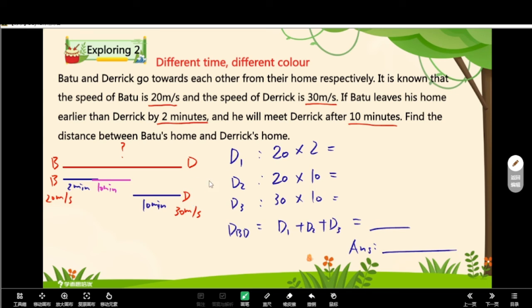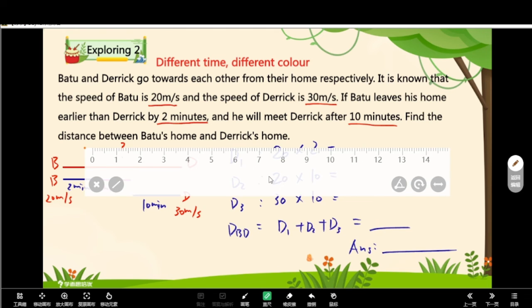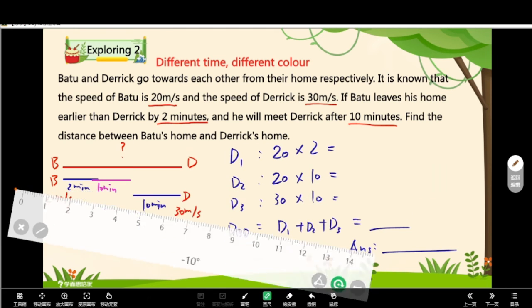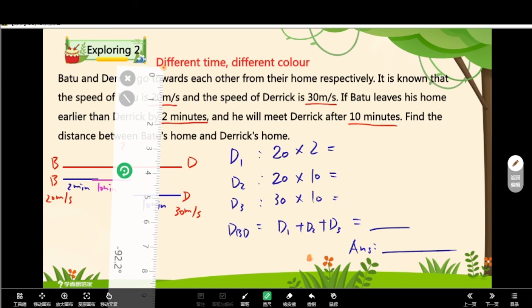But in this question, this seems a bit complicated because you need to calculate for a long time. So how can we do this faster? Let me introduce a new method to you. Let me rotate the ruler first.